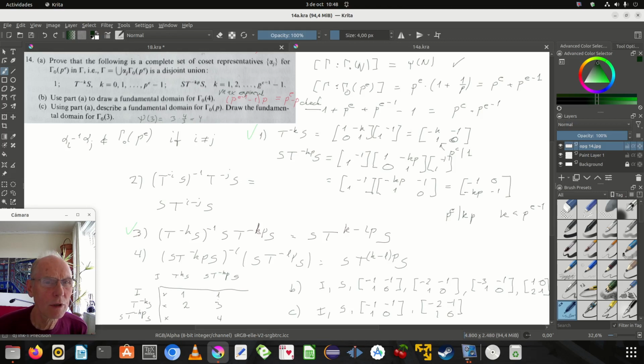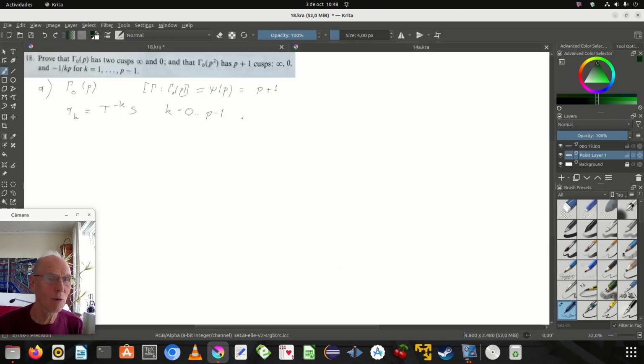When p is 1, this is 0, so there's none. Oh, there's unity, of course, too. That's the trivial one. So altogether p plus 1 matrices.